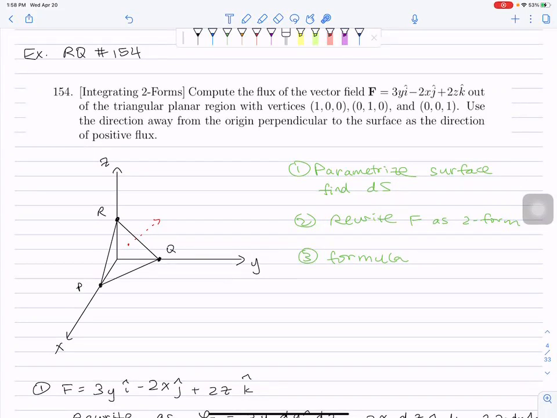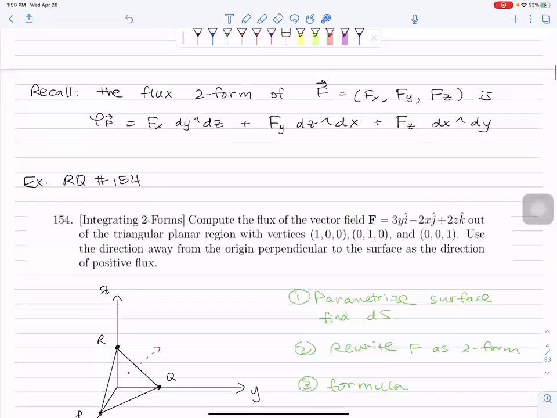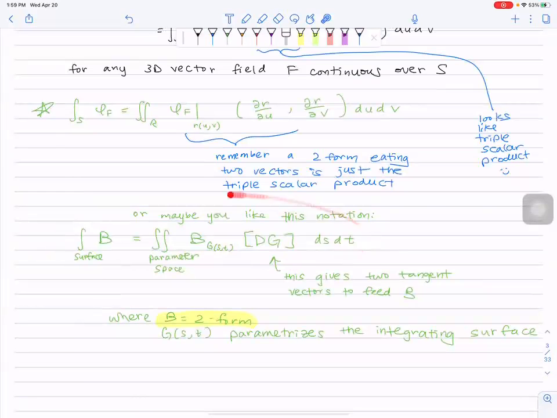We're not following Gauss's theorem because Gauss's theorem requires a closed 3D shape. For this question, we're going to use this definition, which is more like integrating a two-form. So this is what integrating a two-form means.